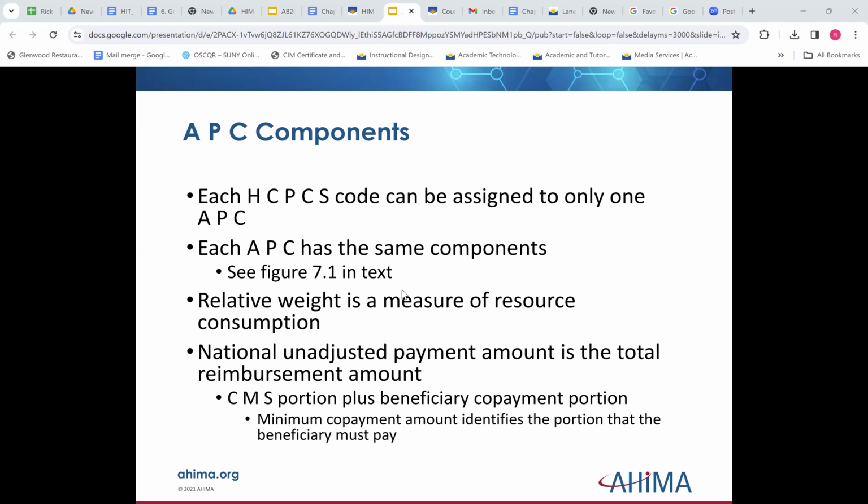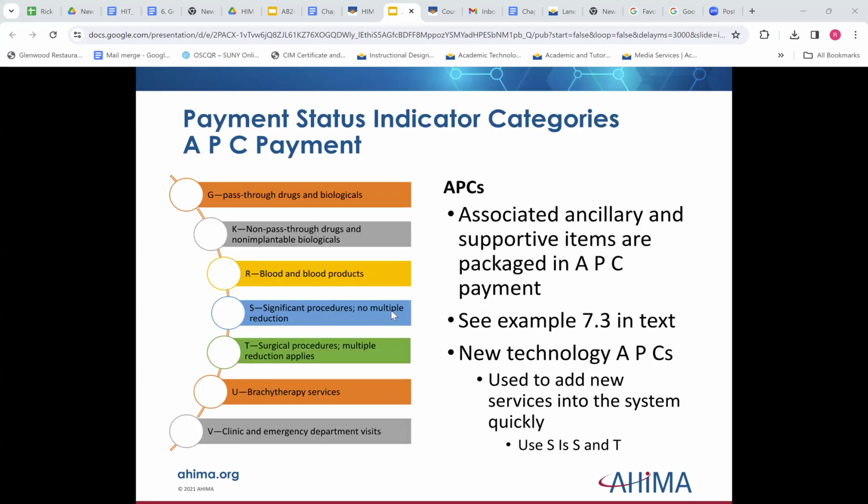And the national unadjusted payment amount is the total reimbursement amount. So another term we hear are pass-throughs on drugs and biologicals, non-pass-throughs, significant procedures. So all these things are different items, line items, that get added on.